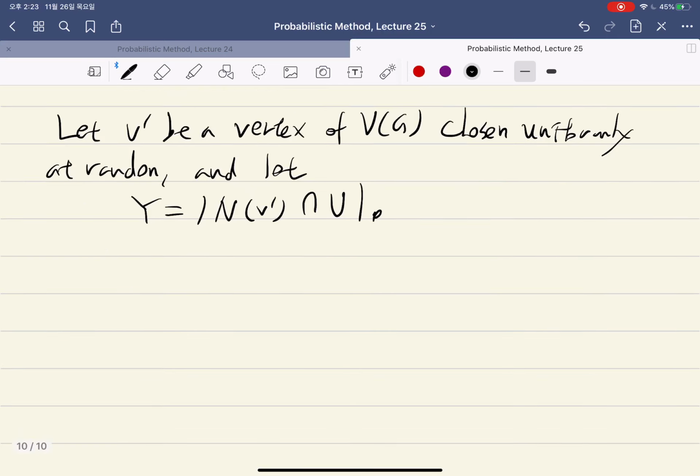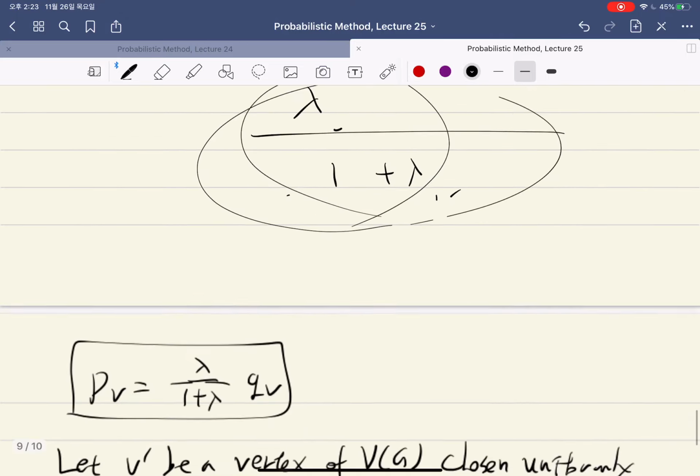So then what we get? First we count this the normal way. So expected number of, so what was alpha of G?